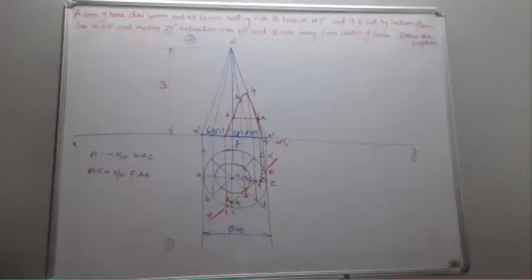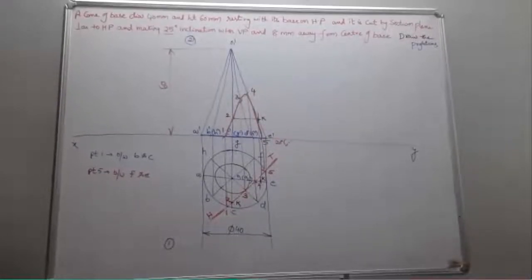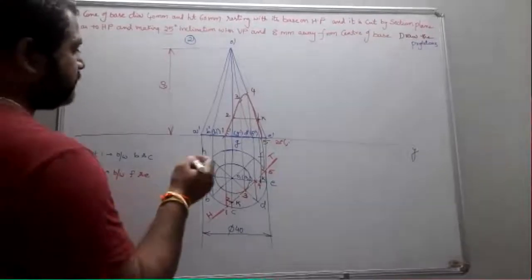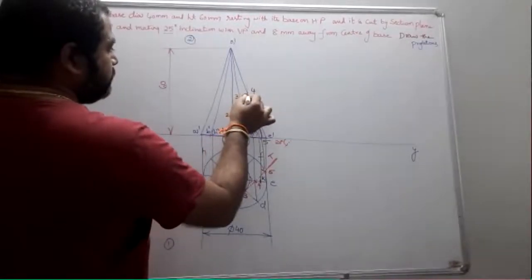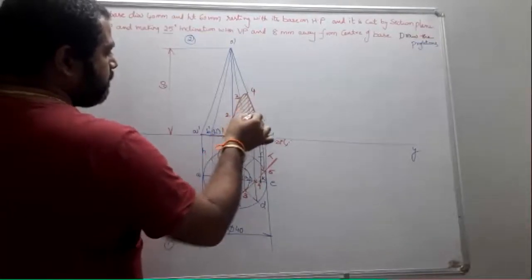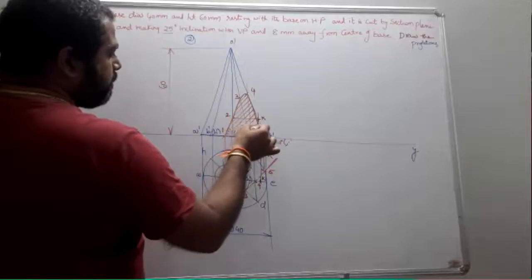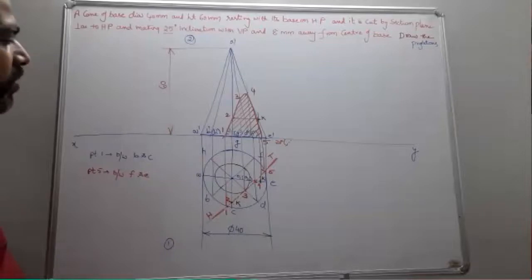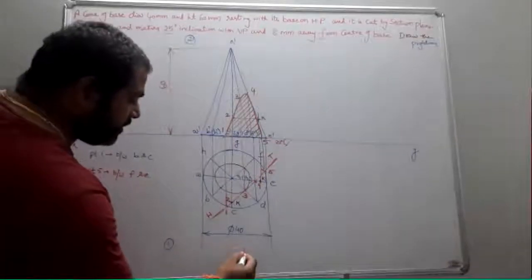Once you obtain that point, that is nothing but your section shape. So the section portion is to be drawn with hatching. And the retained portion, tell me what was the retained portion? Here is the observer.